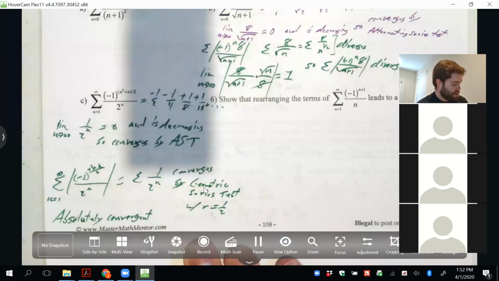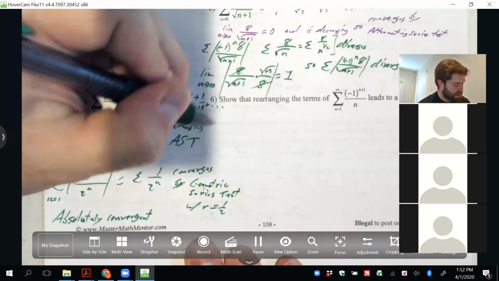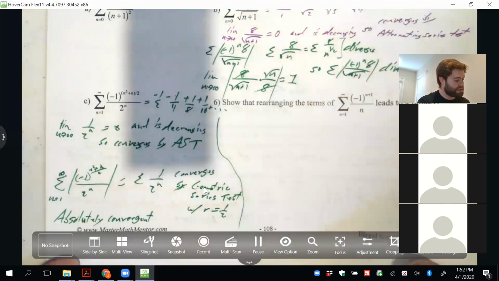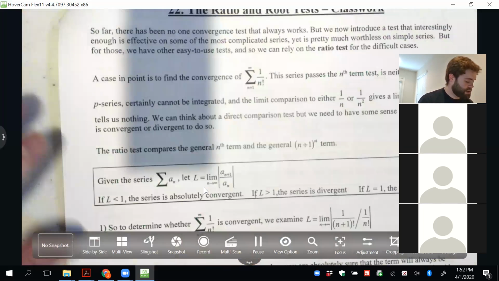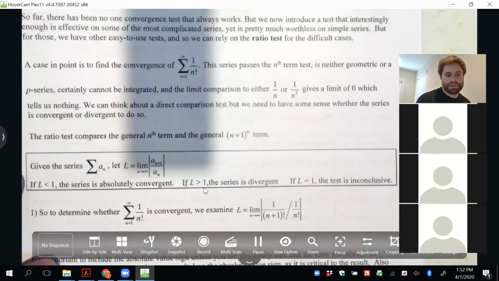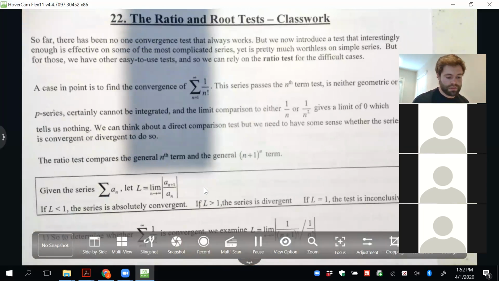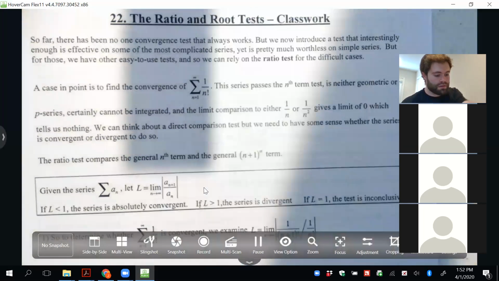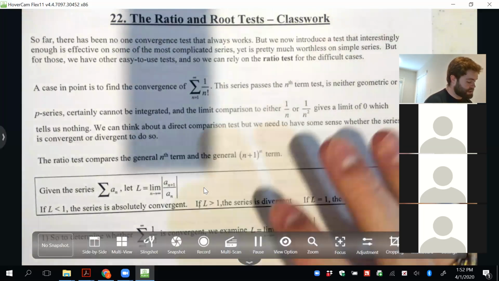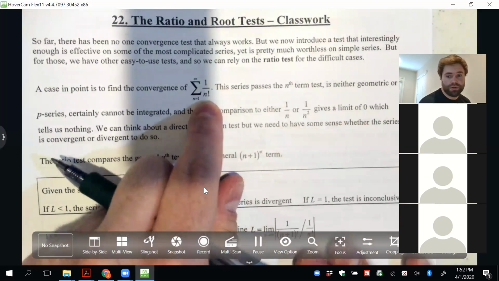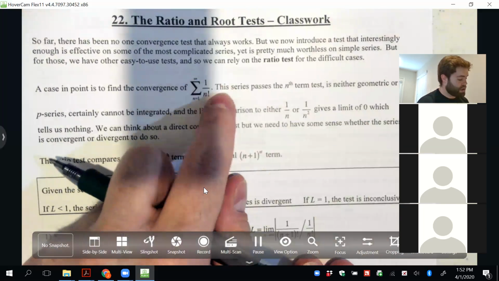Okay, and then I'm going to skip number 6 as well, going on to the ratio test. Easiest test to use. The ratio test is also very handy when we're dealing with factorials or anything with factorials.